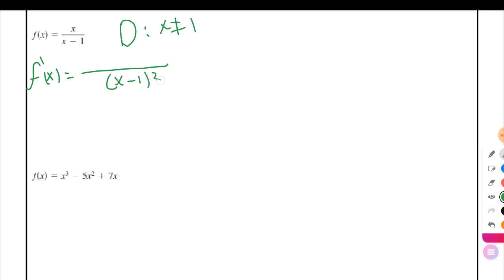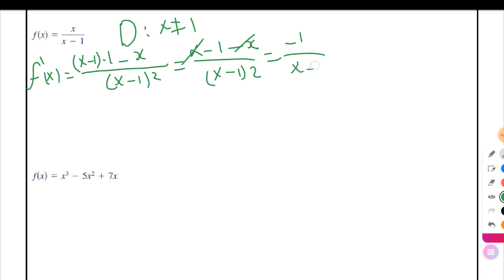Square the denominator, begin with the denominator, multiply the derivative of the numerator, which is 1, minus the numerator multiplied by the derivative of the denominator, which is also 1. So it will be x minus 1 minus x, over (x minus 1) squared. This cancels, and it will be negative 1 over (x minus 1) squared.